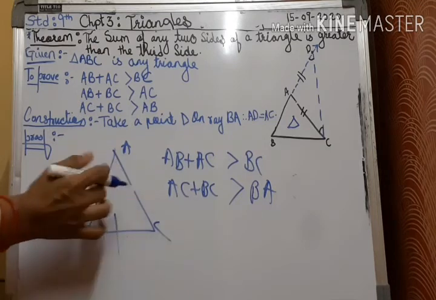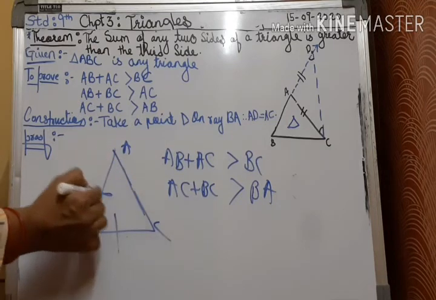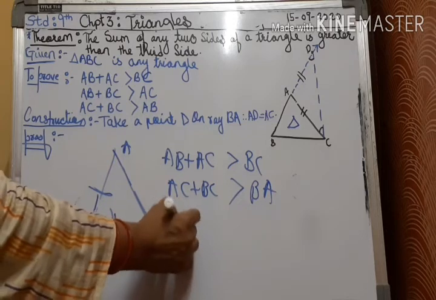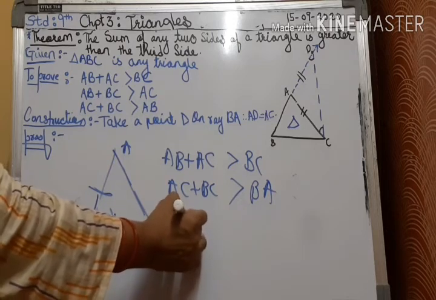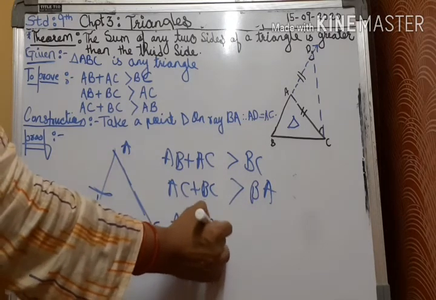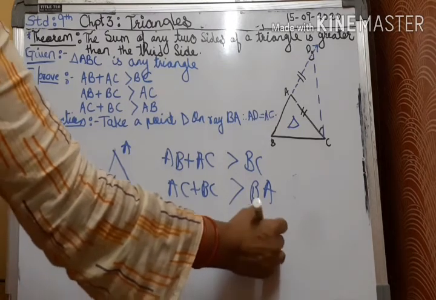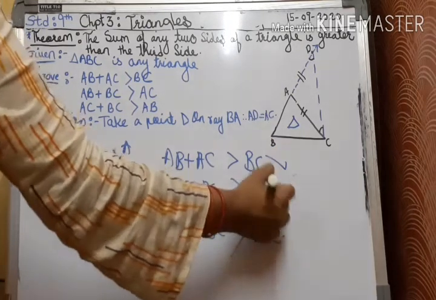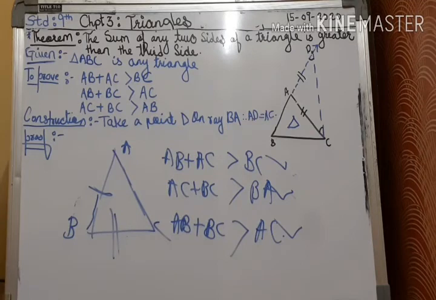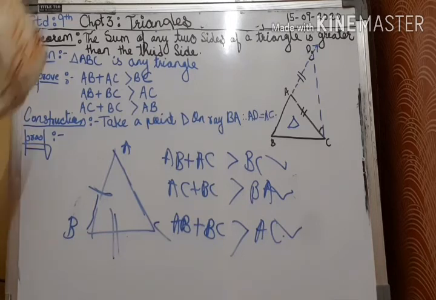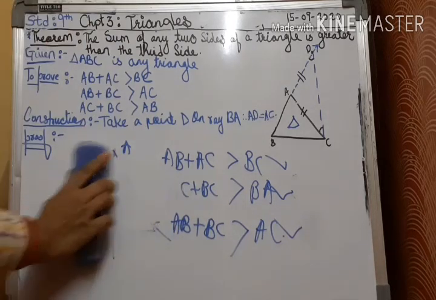If we add up these two sides, AB plus BC, it is greater than AC. So three conditions will be formed. So we want to prove any two sides of a triangle is greater than its third side. So let us come to the proving.